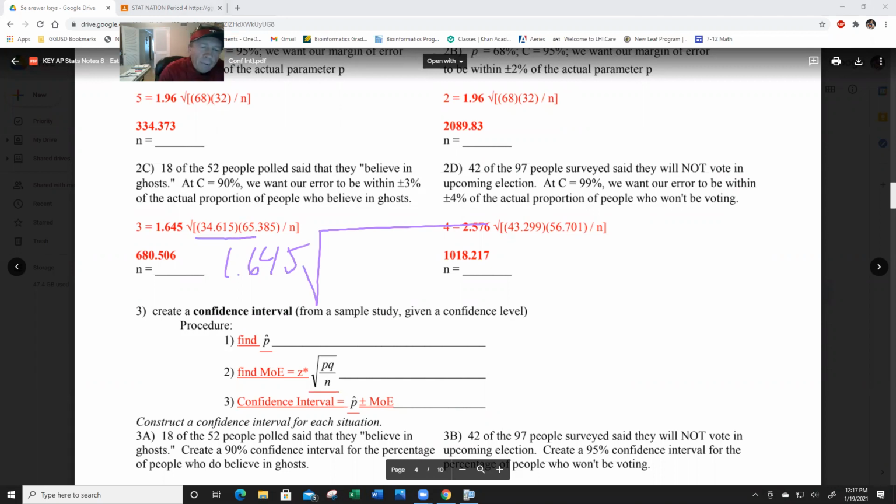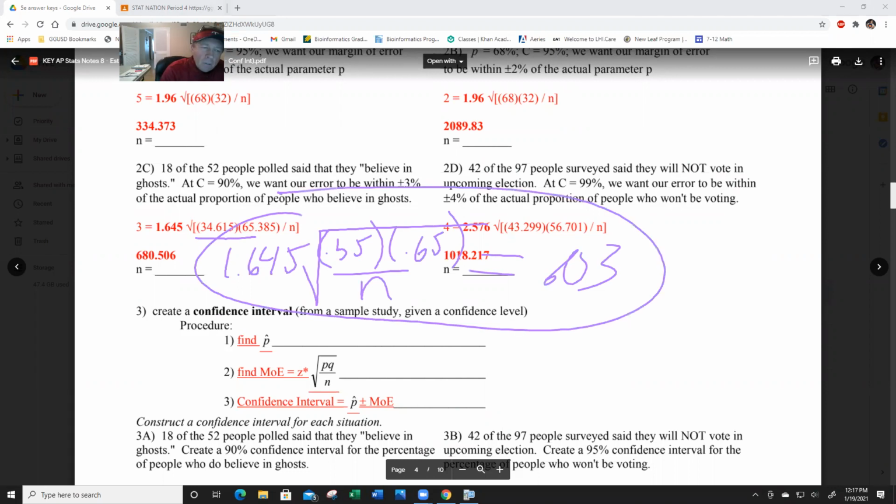It's about 35, then 65 over n, and that equals 3%, 0.03. So this is a little bit better done. And you'll solve it, you get about 681. Okay, about 681. The next one, D, I'll do all the way through, including the calculator.